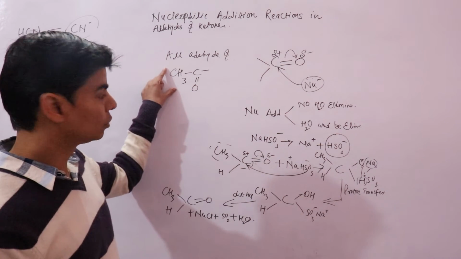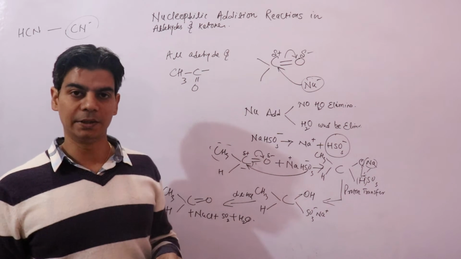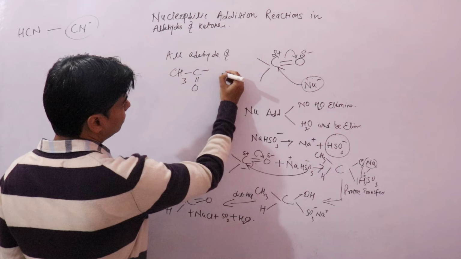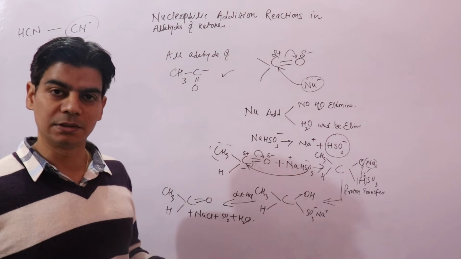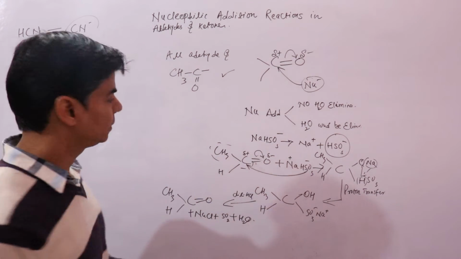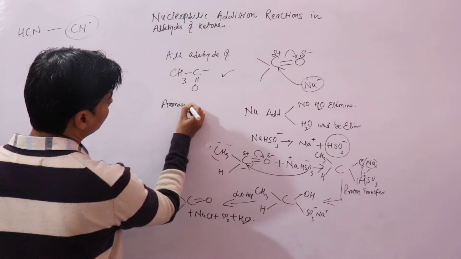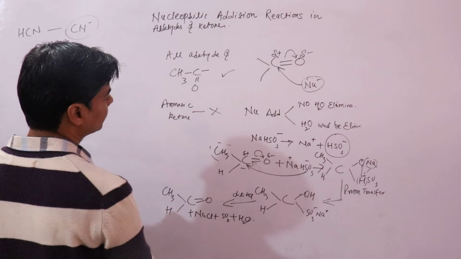If one of the alkyl groups is always methyl, then it is a methyl ketone. And this reaction is not given by aromatic ketones, I'm sorry, aromatic ketones will not give this reaction.